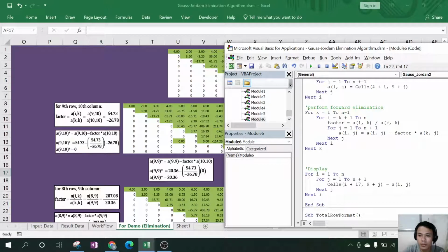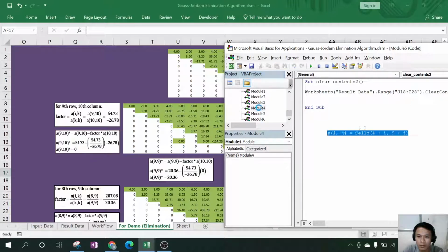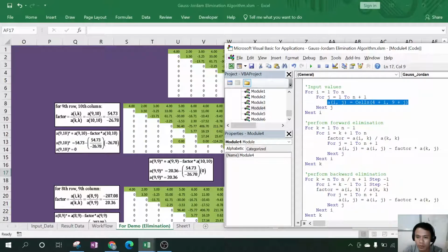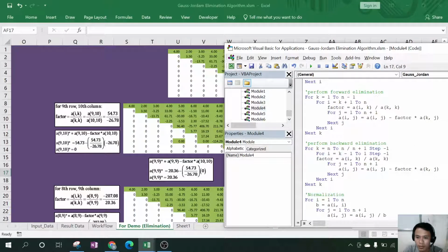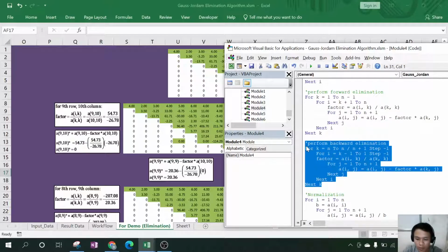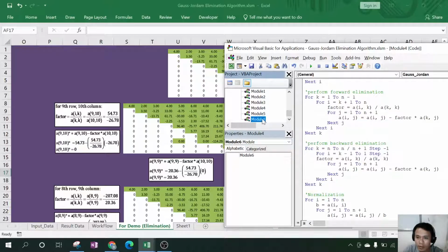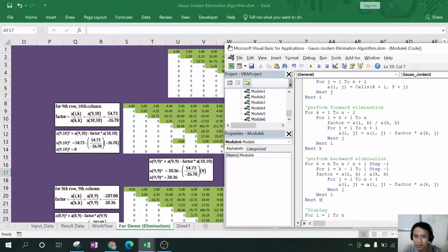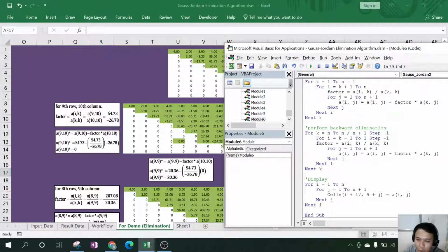So this is the code for performing the backward elimination.